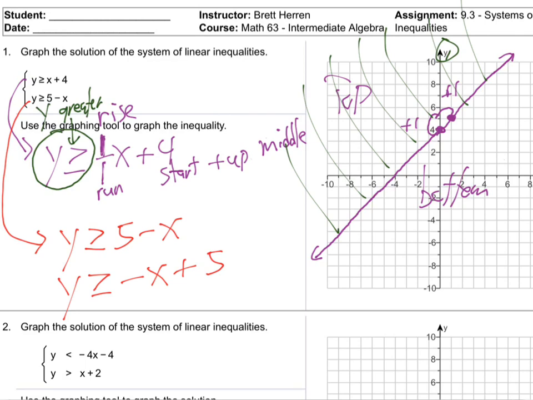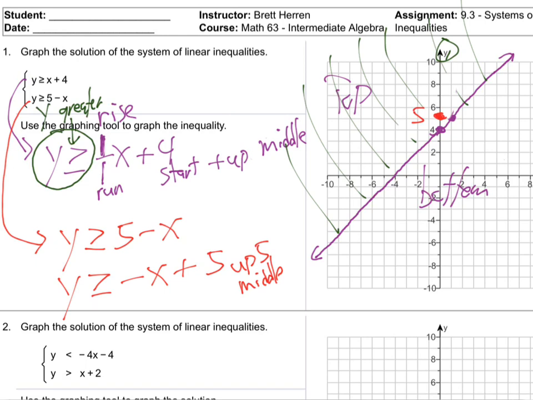Where do we start? Positive 5, right? That's a positive 5. So up 5 in the middle. Right there at 5 is my first dot. Now how do I get to my second dot?